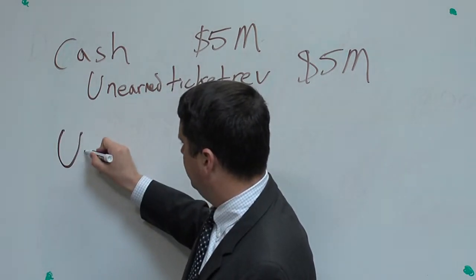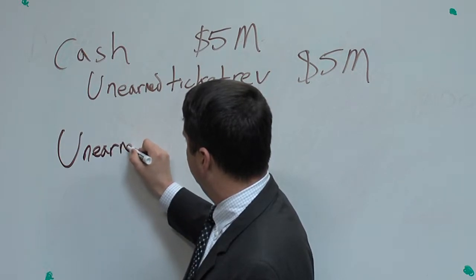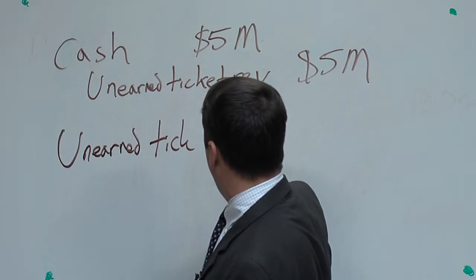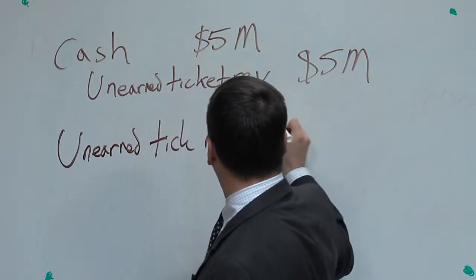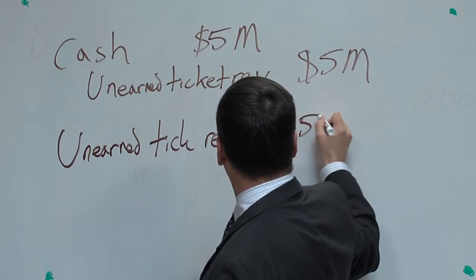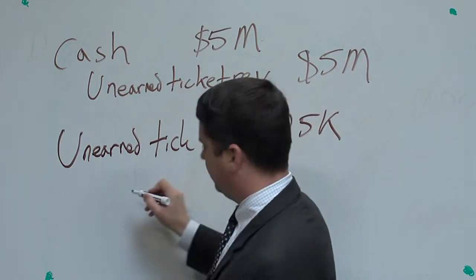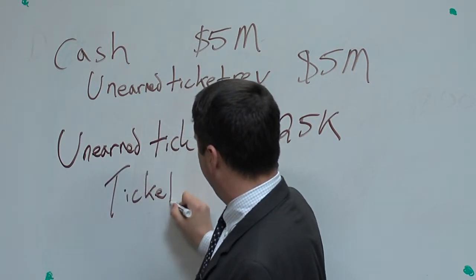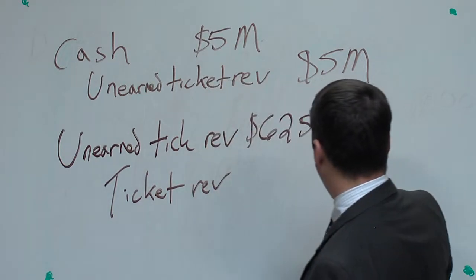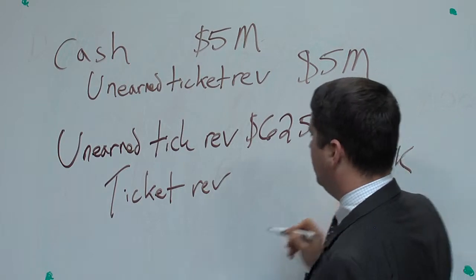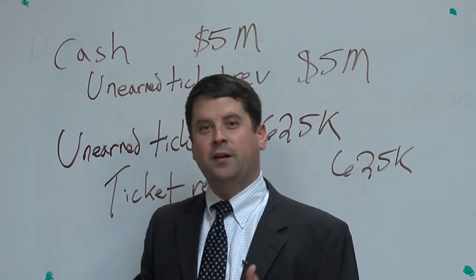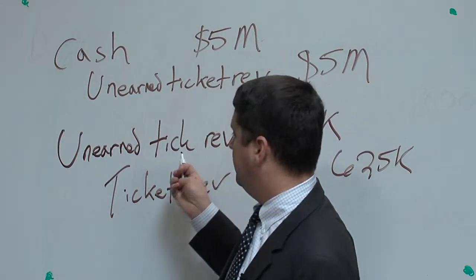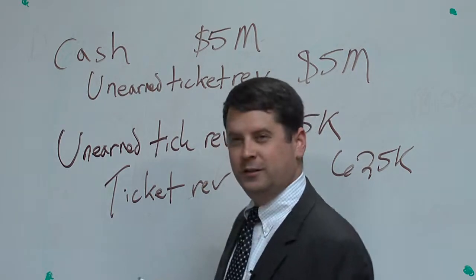So we will debit, and I'll abbreviate this, unearned ticket revenue $625, and then we're going to credit ticket revenue $625. So once the concert takes place, we can recognize at least a portion of that money. We've decreased the liability account and then we've increased our revenue account.